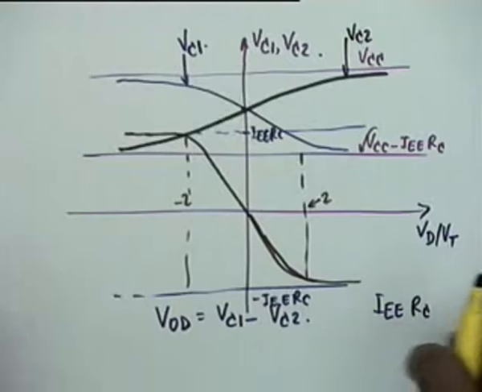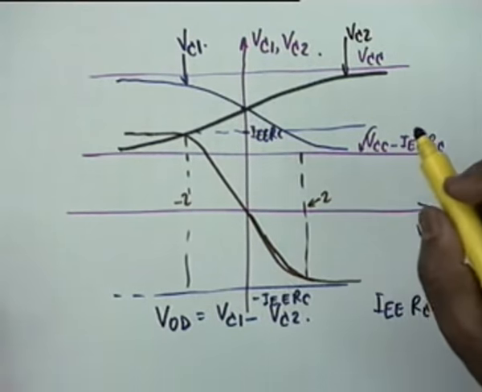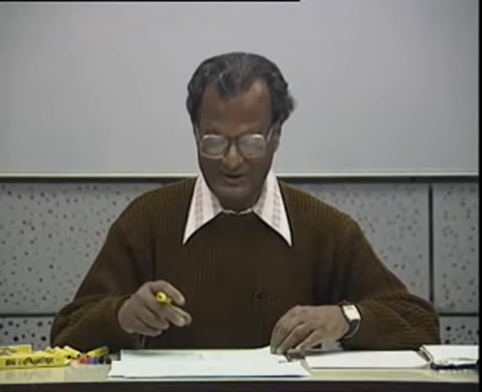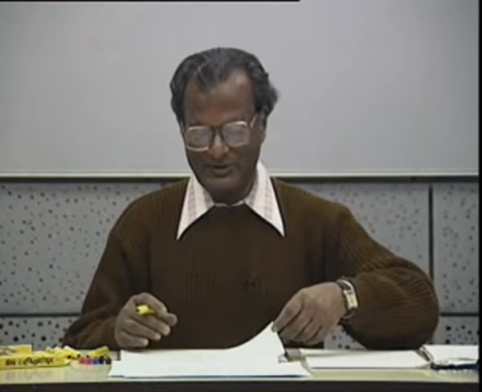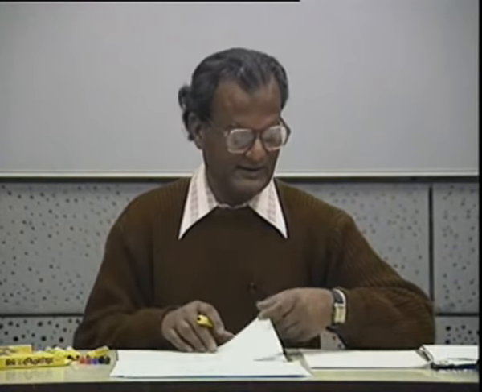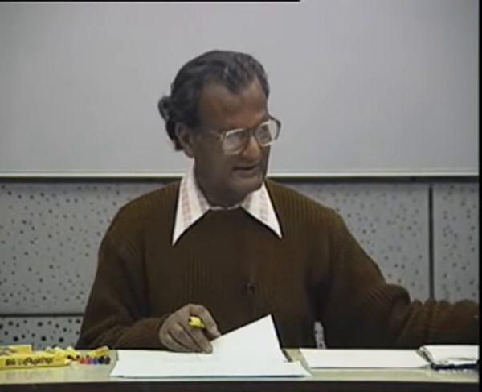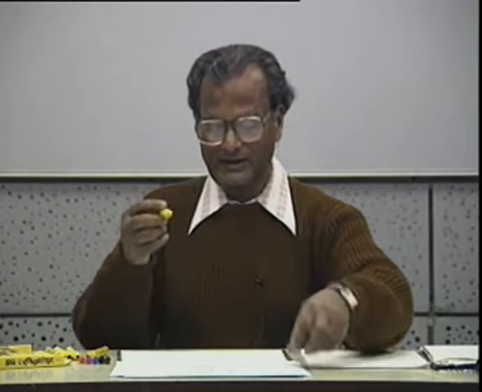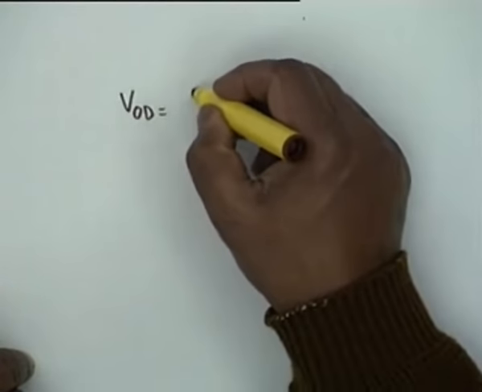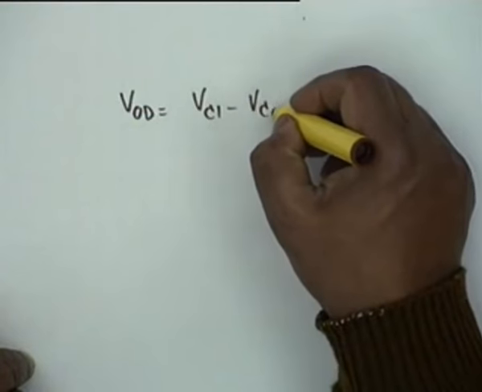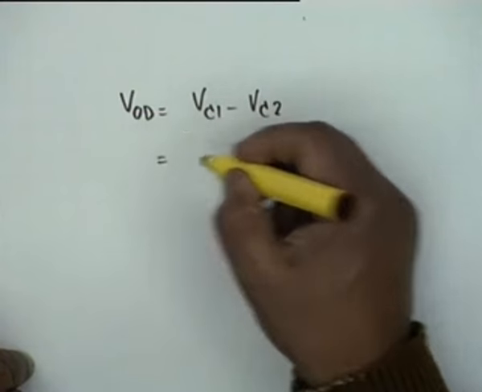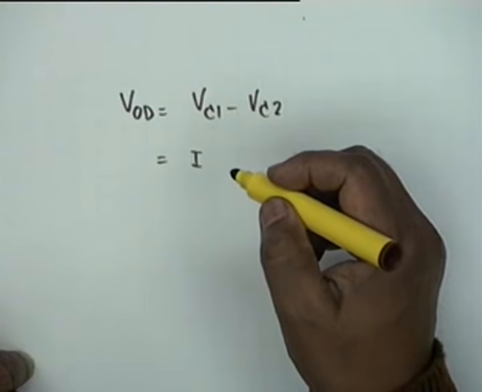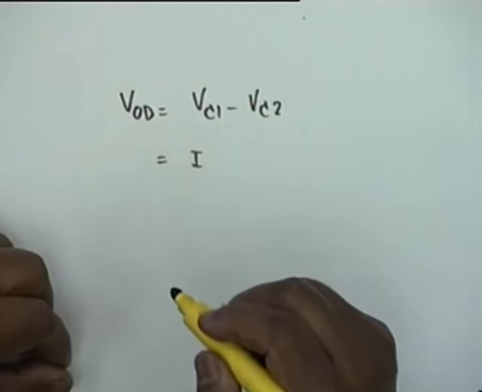What I have shown here is a degraded picture. Actually it's highly linear between these 2 points, okay, and that it is highly linear can be obtained by an exact analysis for VOD, okay, and the salient points are that VOD is equal to VC1 minus VC2, which is equal to, can you tell me, in terms of IC?